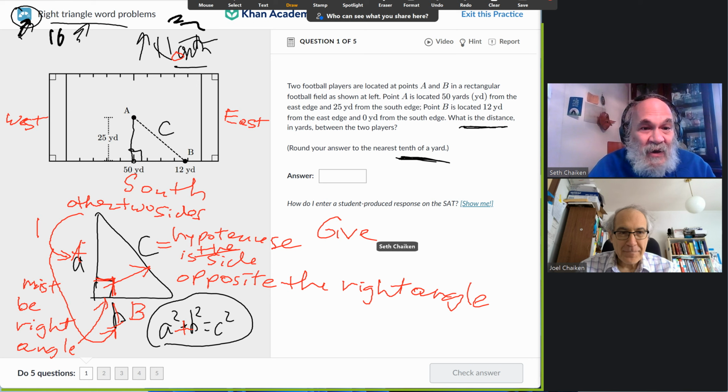Well, I'm writing down what would be reviewed and is involved in the thinking. So, given the lengths of the other two sides, to find the length of the hypotenuse. Right. How do you do that?